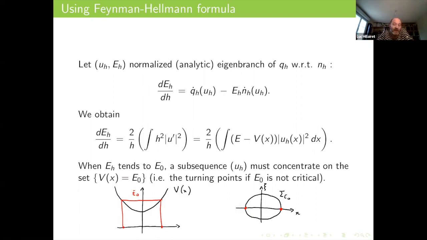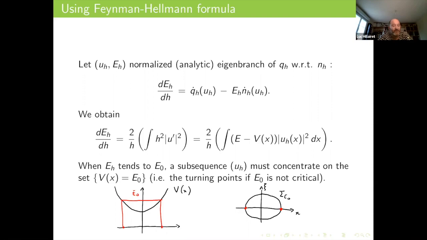So this formula tells you that the derivative of the eigenbranch is given by the derivative of the quadratic form Q dot evaluated at u_h minus E_h times n dot evaluated at u_h. So this is a very general formula that we'll use several times, any time actually we want to study analytic eigenbranches.